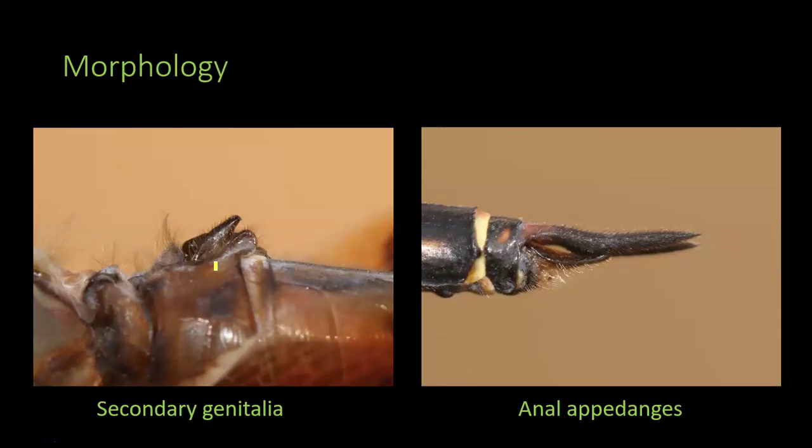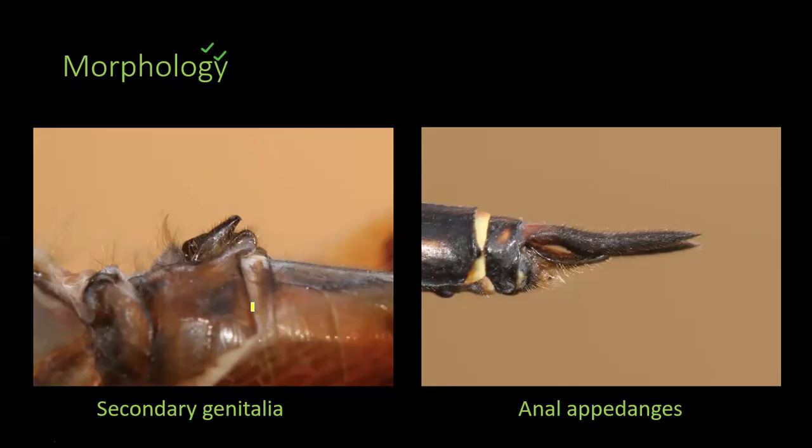One is the anal appendages. Males have more three-dimensionally structured anal appendages, and they also have an organ known as the secondary genitalia, which is located in the ventral half, the bottom half, of the second and third abdominal segments.